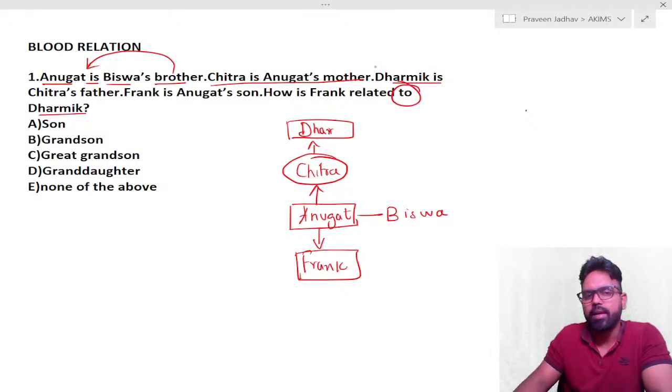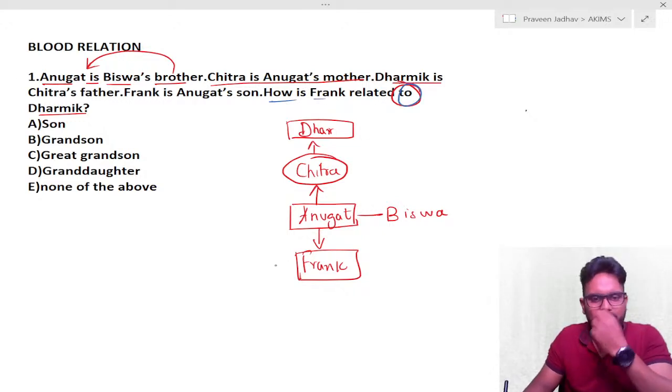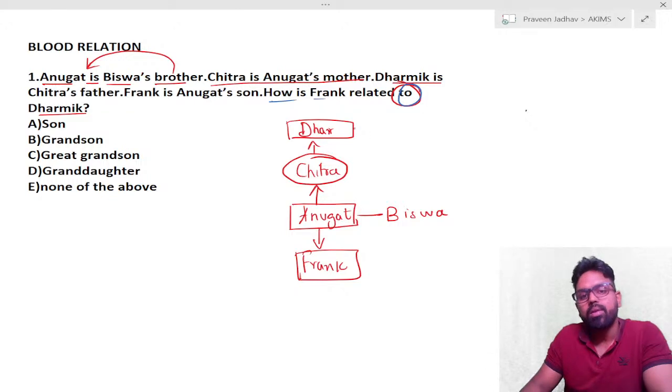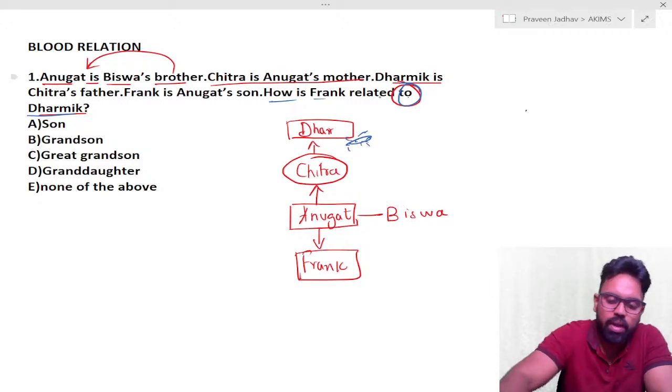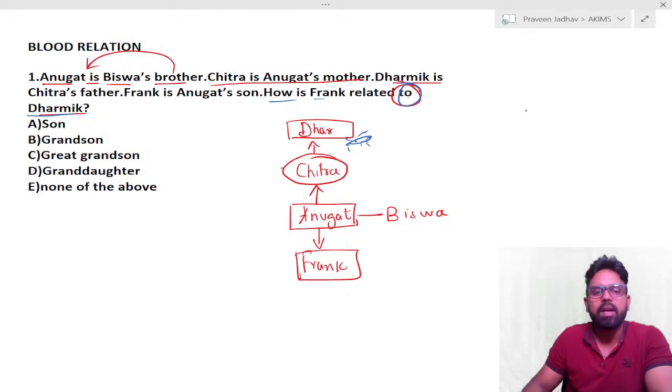How is Frank related to Dharmik? Listen to me carefully. To Dharmik means you have to look from Dharmik's side, from Dharmik's eyes. Now, from Dharmik's eyes, who is this?